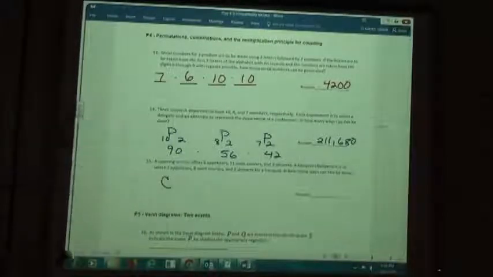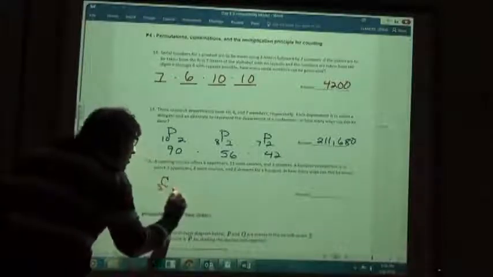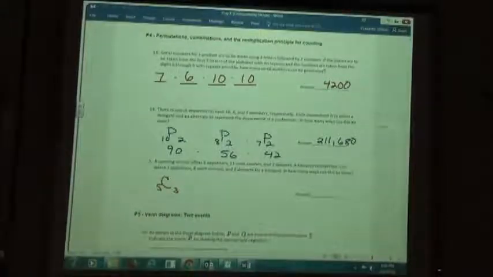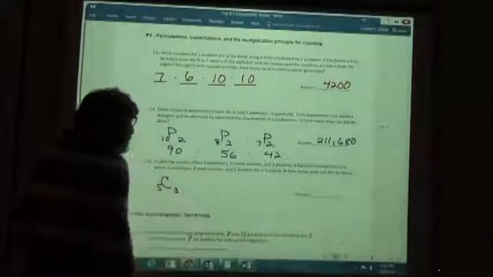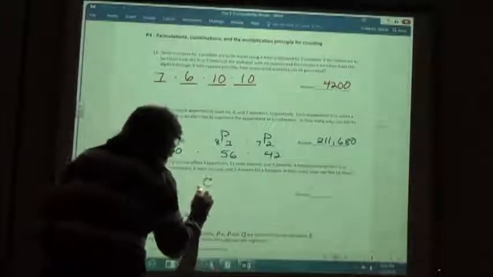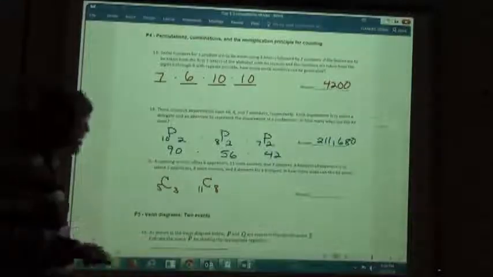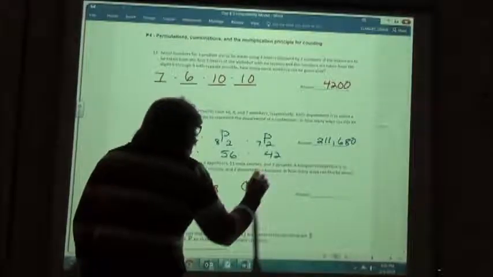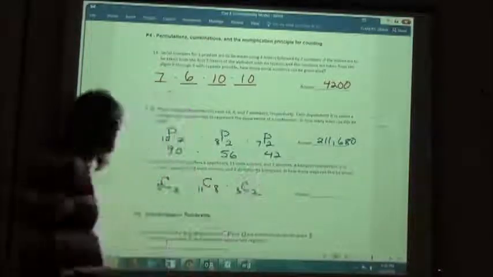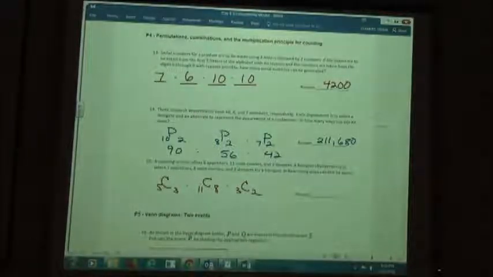So we're going to do combinations. We had 5 appetizers to choose from. We are going to select 3. For our main courses, we had 11 to choose from. We are going to select 8. And for our desserts, we had 3 to choose from. We're going to select 2. And again, unless you really wanted to work it out the long way, we'll just use our calculator.